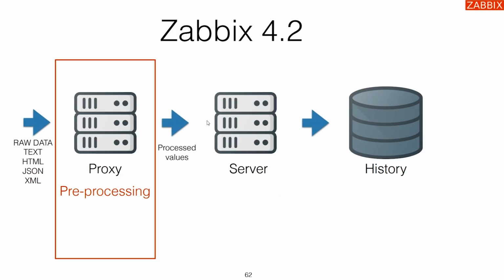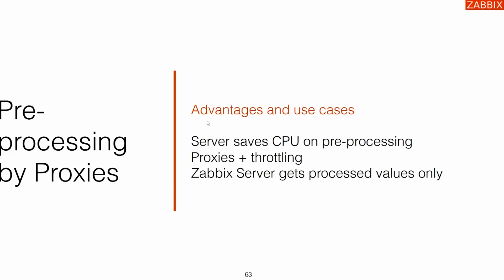So starting from 4.2, all of that is happening on the proxy. So we are offloading our Zabbix server heavily, which means that performance will improve. We will be ready for more values, for more frequent checks, and that's pretty awesome.